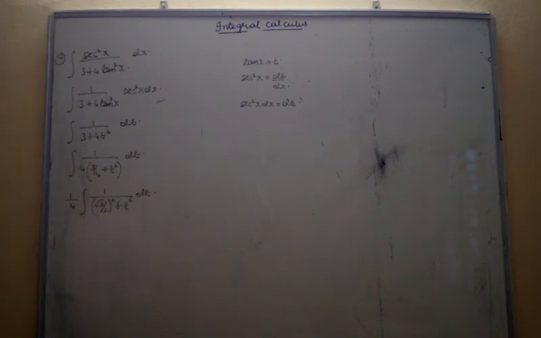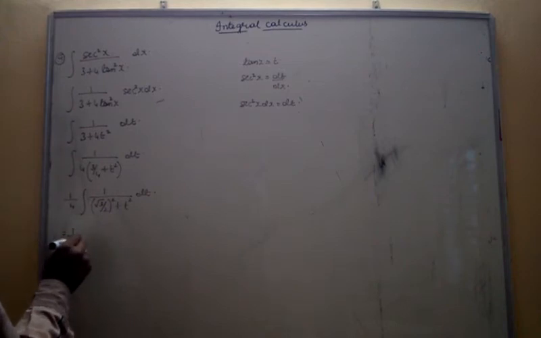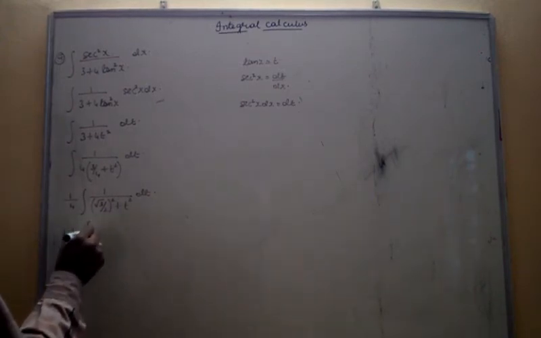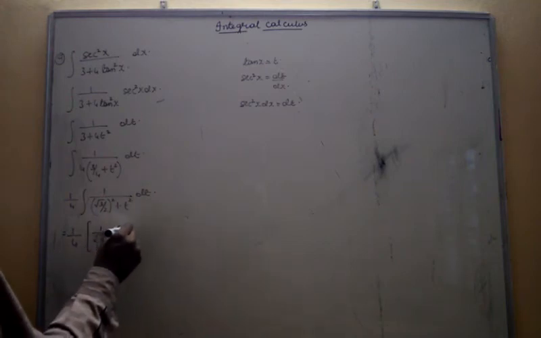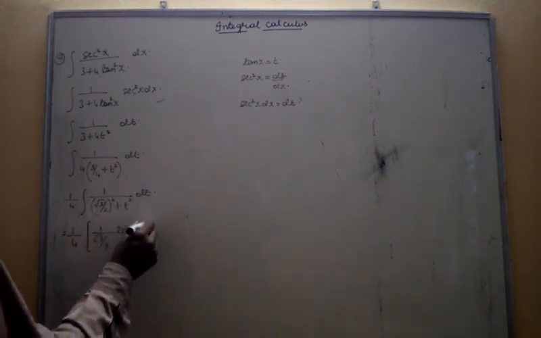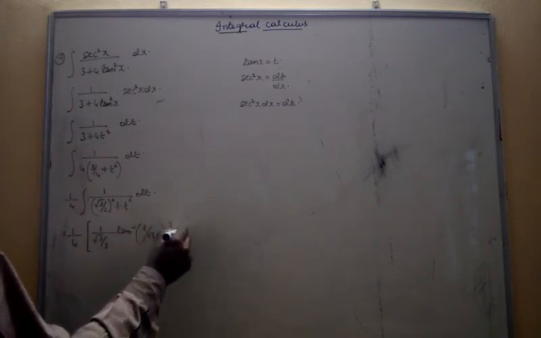Then apply the formula. It is in the standard form, so 1 by 4 is a constant, then 1 by a means root 3 by 2, tan inverse of t by root 3 by 2 plus c.